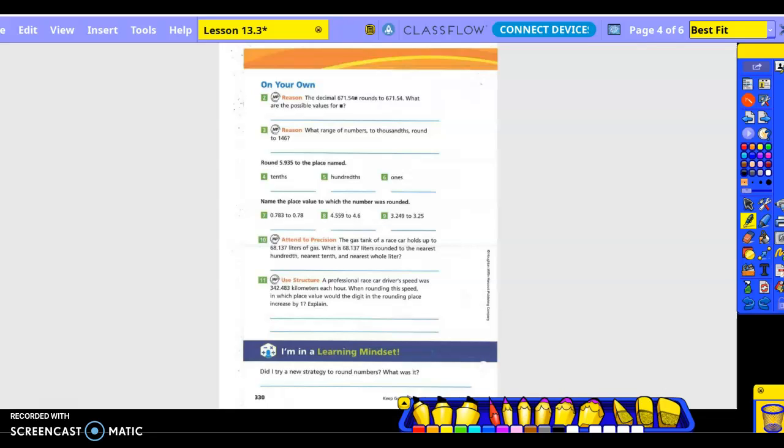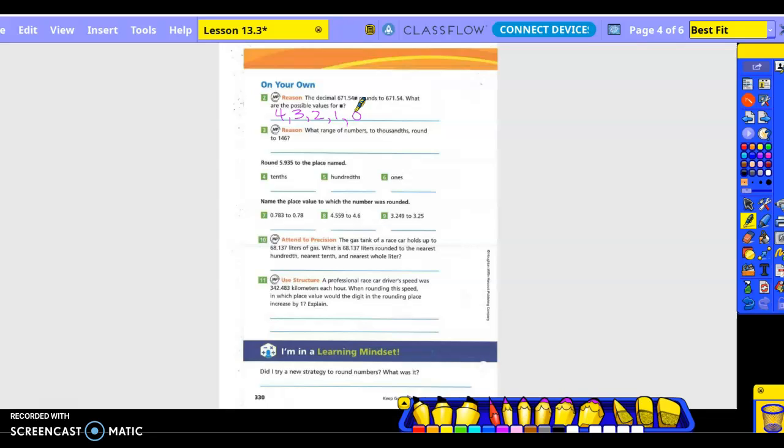So it basically has to be what? Did it stay the same or did it go higher? It stayed the same, so it'd have to be something less than 5, right? So it could be 4, 3, 2, 1, or 0, right?